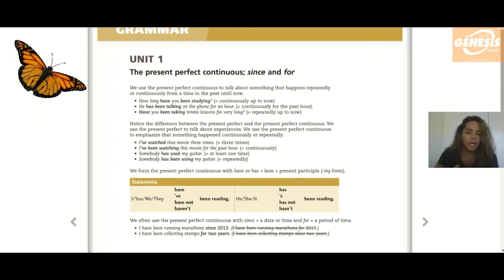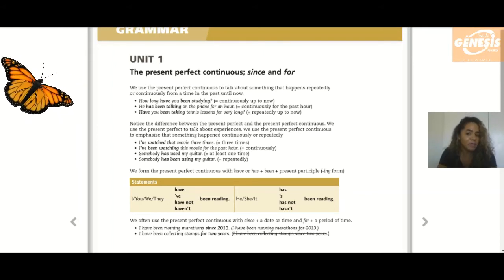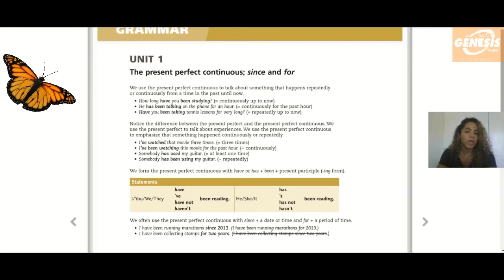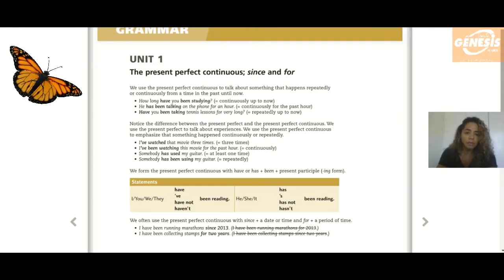How long have you been studying? This is continuously. It doesn't stop. He has been talking on the phone for an hour, continuously for the past hour. Have you been taking tennis lessons for very long? Repeatedly, up to now, right?